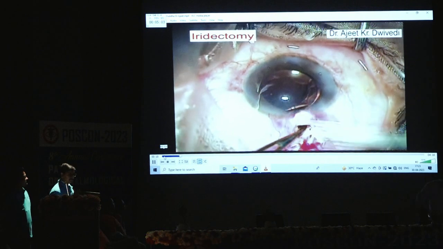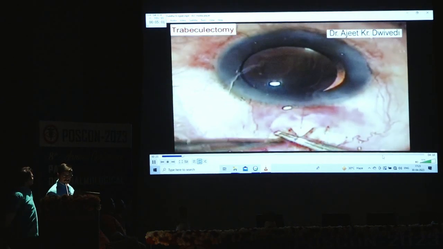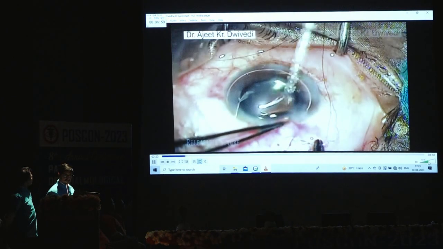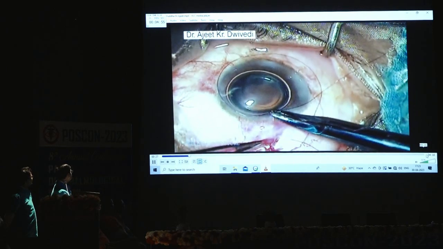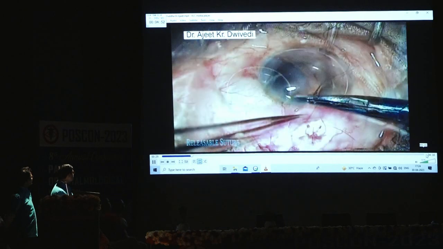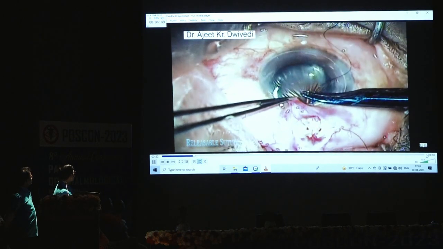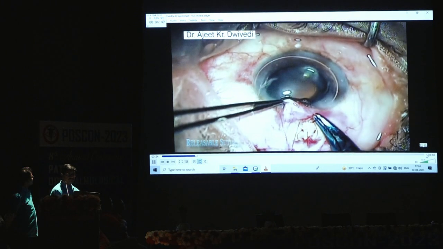Glaucoma management requires multiple arrows in your armamentarium to use as and when required. This case series shows many battles won wherever it's required after trabeculectomy and releasable sutures surgery.